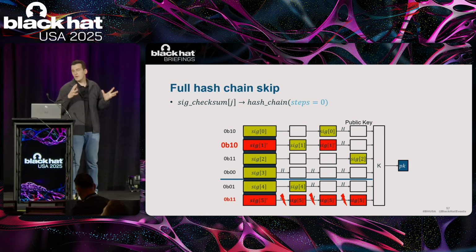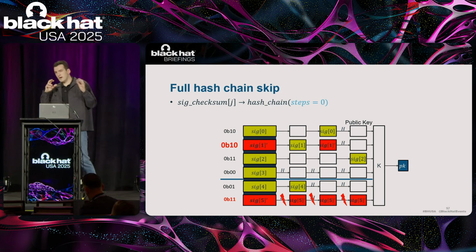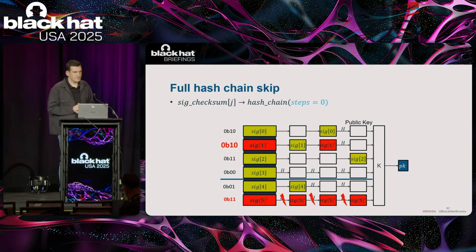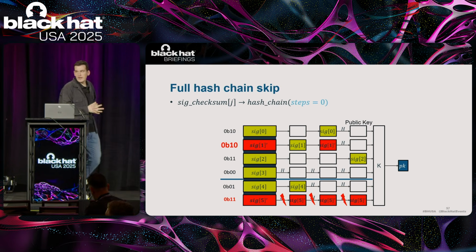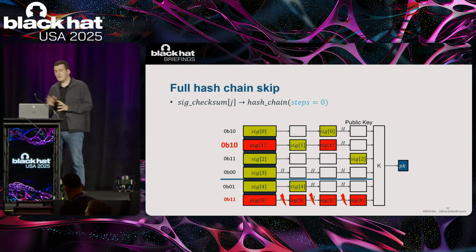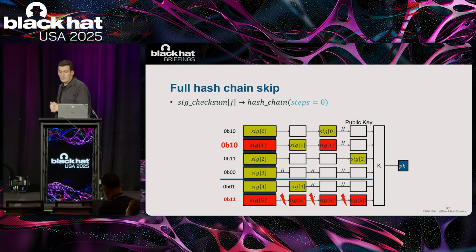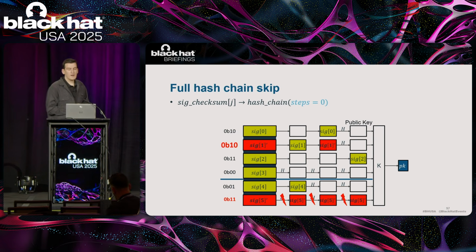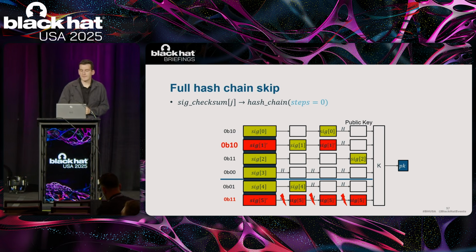What we can do is also parse the checksum chunk and hash it a few more times to create a forged signature. Then if you apply the full hash chain skip, it will also calculate the correct public key, and it will accept your forged signature as correct.